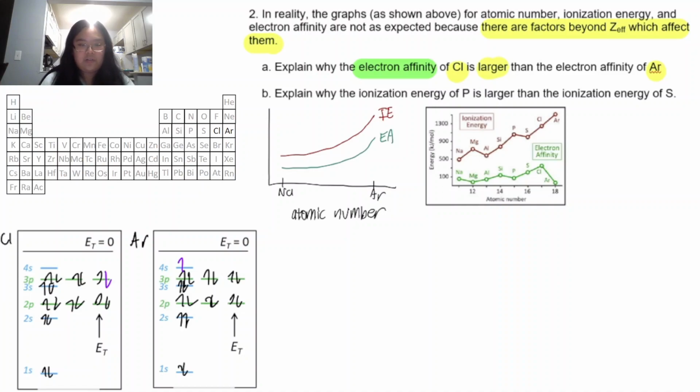And if you remember, the electron affinity is larger when the electron enters a lower energy level. And if you look at chlorine, you can see that the new electron enters the third shell in chlorine, but it enters the fourth shell in argon. And since the third shell is lower in energy than the fourth shell, then chlorine has a larger electron affinity than argon.